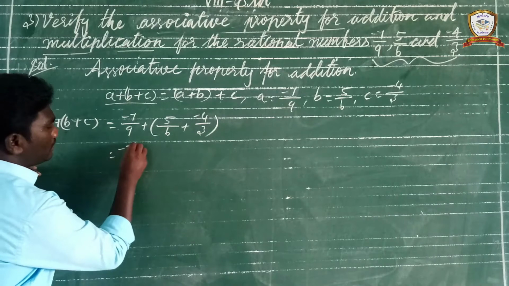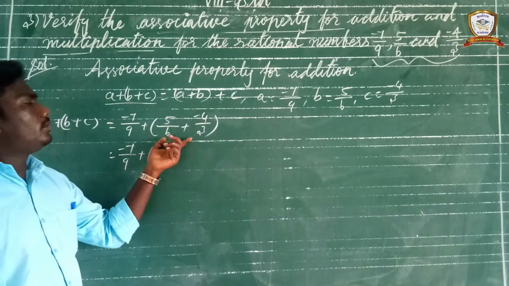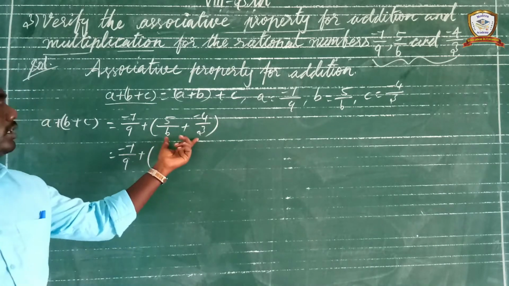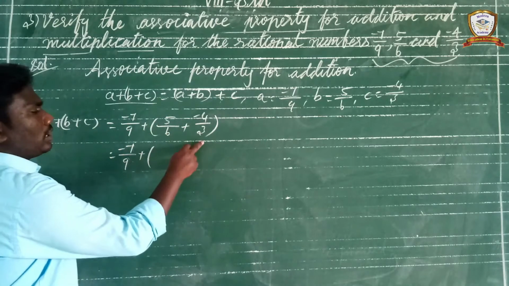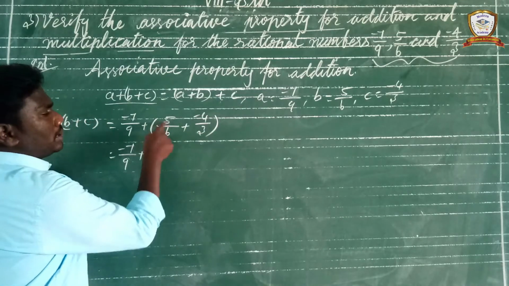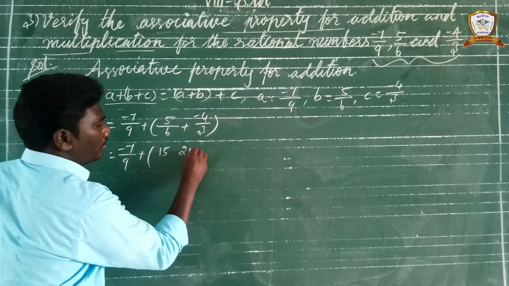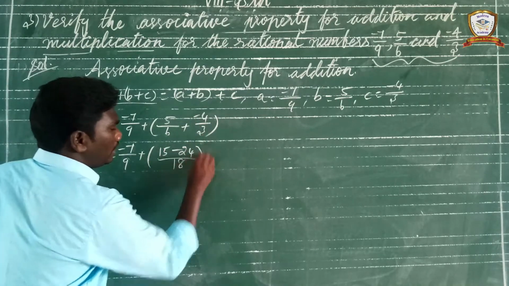Okay. So first minus 7 by 9, plus, inside the first bracket, the denominators are not equal. So you take LCM or cross multiplication. You do cross multiplication: 5 3s are 15, plus into plus is plus. The next, 6 4s are 24, plus into minus. Divided by 6 3s are 18.